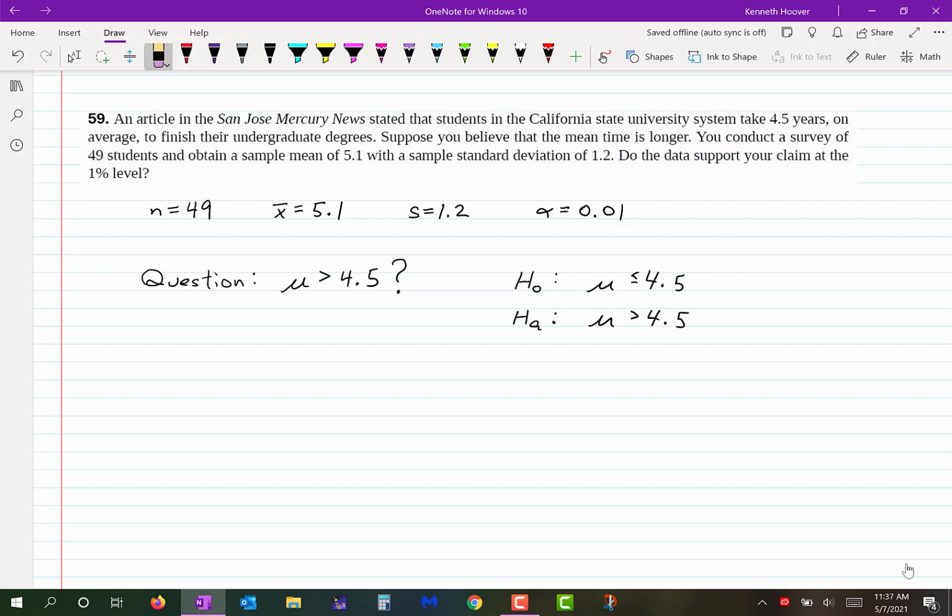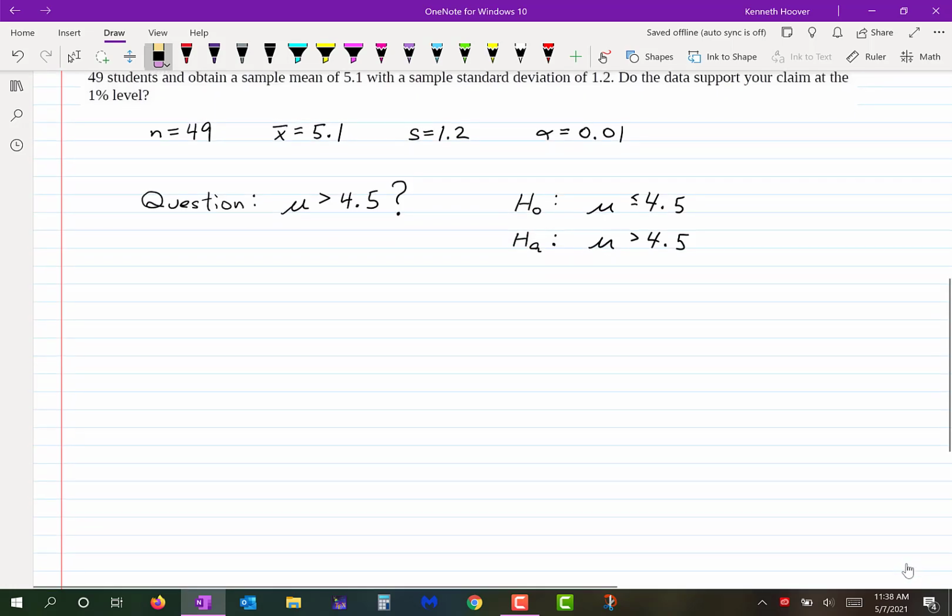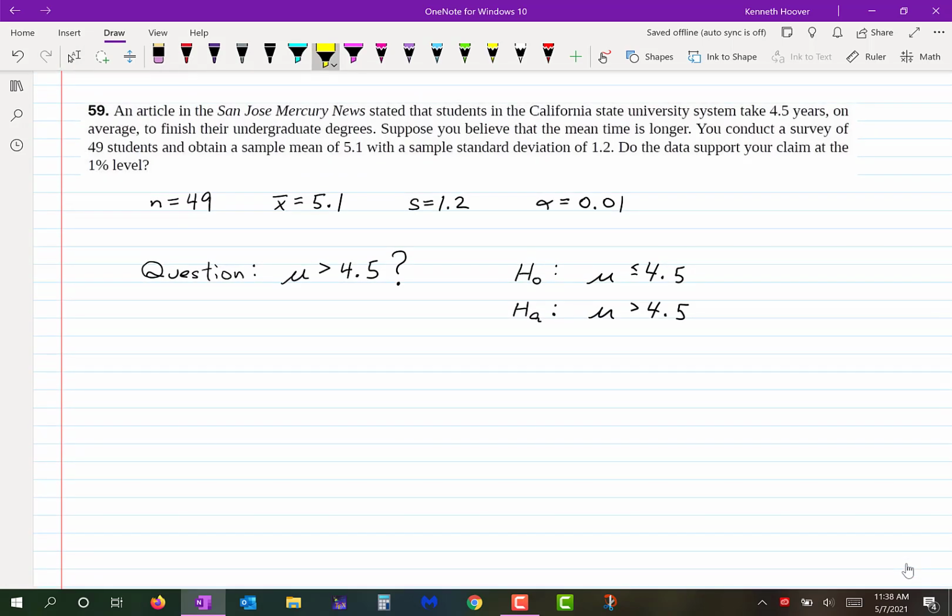If you don't know sigma, you might need to use the t-distribution. It depends upon how big your sample is. If your sample is smaller than 30 and you don't know sigma, then you use the t-distribution. Okay, now here we don't know sigma, but our sample is not less than 30. So that means we can go ahead and use the normal distribution.